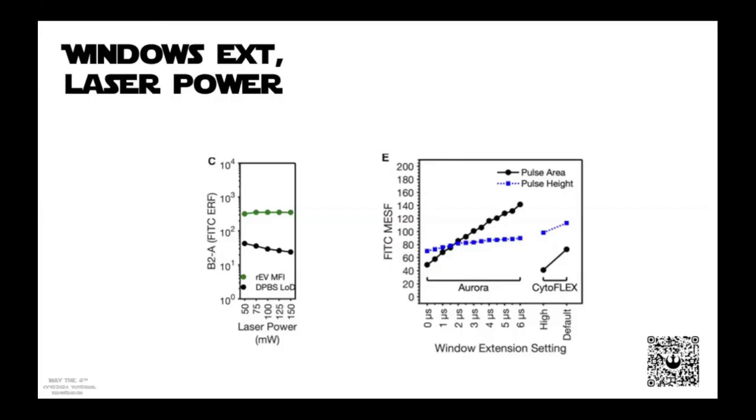And that will really impact your detection limit with the area, because you're adding on a bunch of time for the particles to integrate, which just adds noise to your signal. And you'll see that when the area window extension is set to 0, you should always have a higher sensitivity when compared to the pulse height.